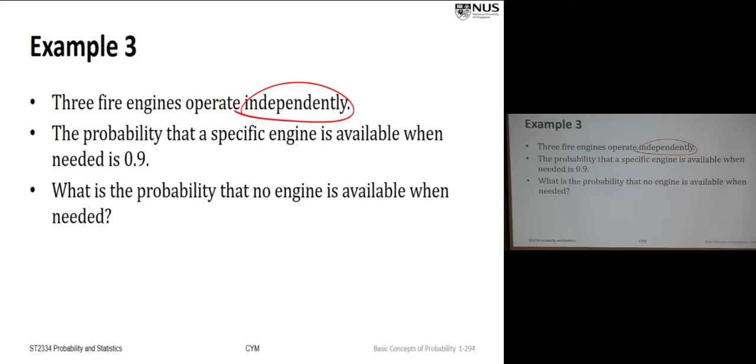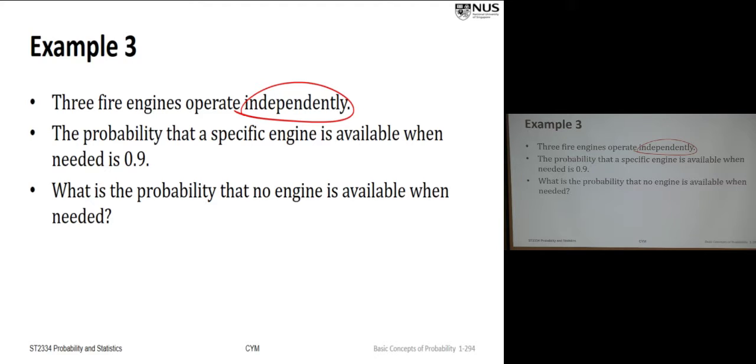Now, in order to answer the question, you must be able to identify the events. Identify the events, and if possible, get the probabilities of these individual events or something related to them, and then translate the question into a probability involving the events that we defined.